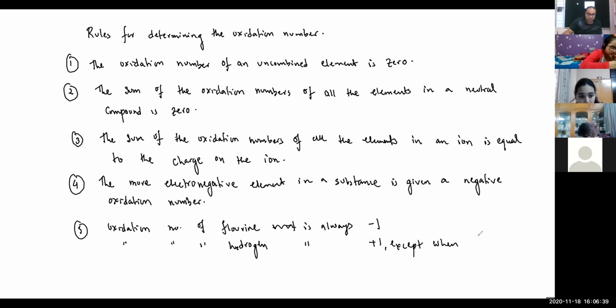Sir, what did you write at 5? Oxidation number of fluorine is always -1. Oxidation number of hydrogen is always +1, except when combined with a less electronegative atom.